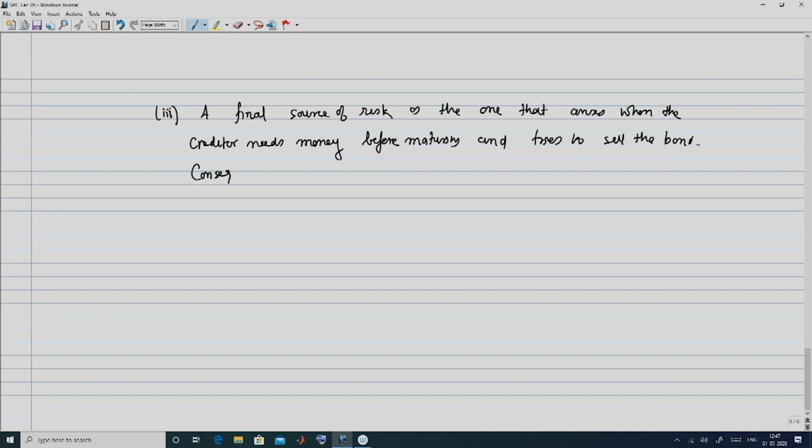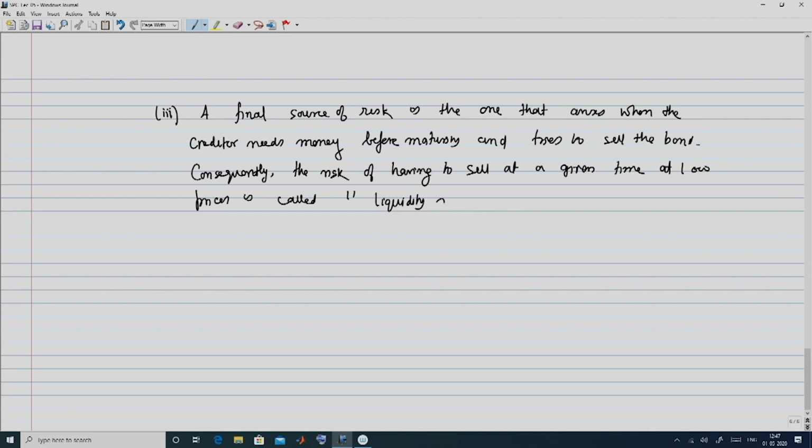Consequently, the risk of having to sell at a given time at low prices is called liquidity risk.